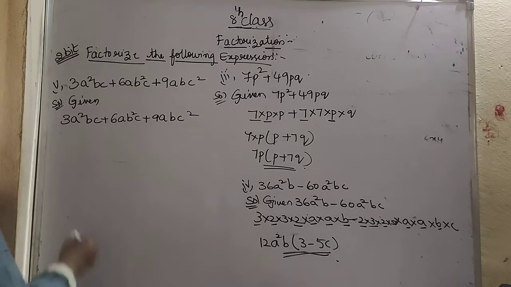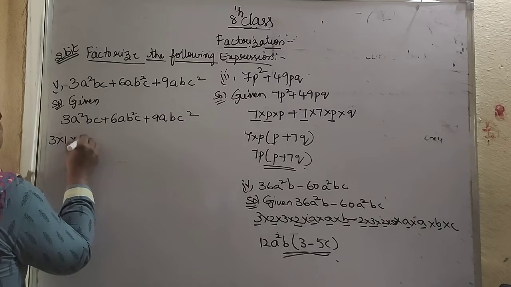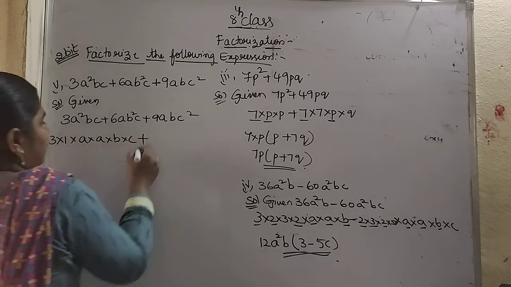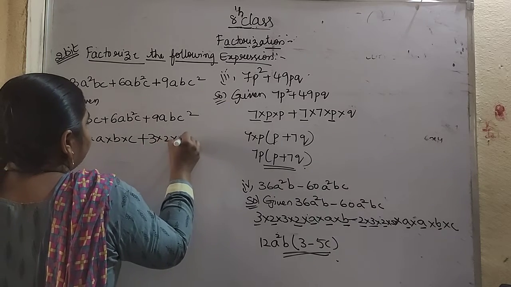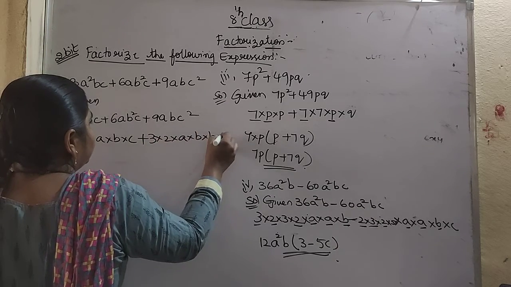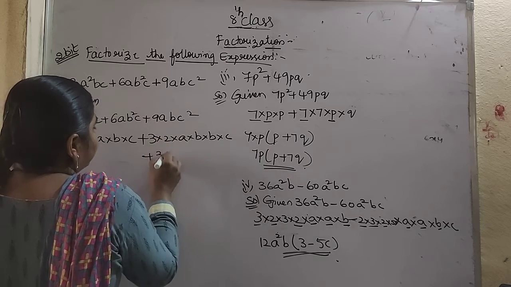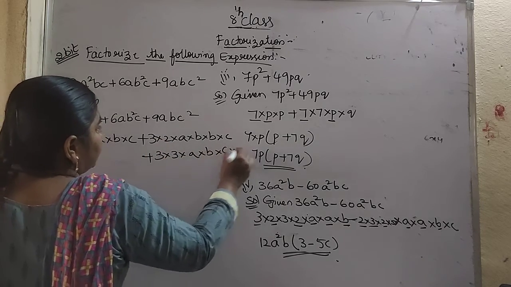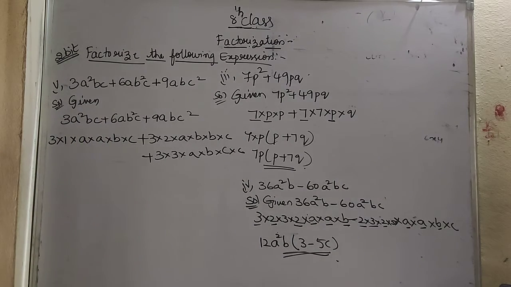So 3 can be written as 3 into 1 into a into a into b into c, plus 6 can be written as 3 into 2 into a into b into b into c, plus 9 can be written as 3 into 3 into a into b into c into c. So this is the factorization for each and every term.